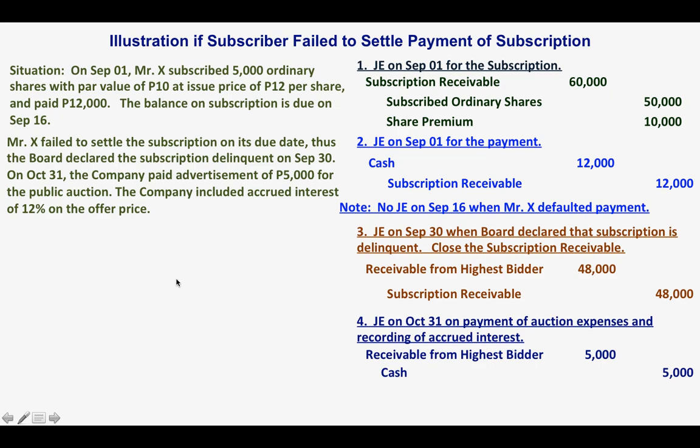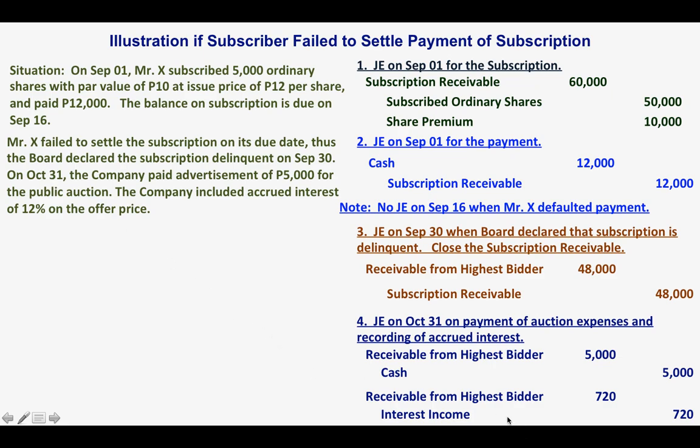Since there was information that the company included accrued interest of 12% on the offer price, we also have to include the interest. The interest is calculated from the time the balance on subscription, which is due on September 16, was not paid by Mr. X. The company can calculate it from September 16 up to October 31st.